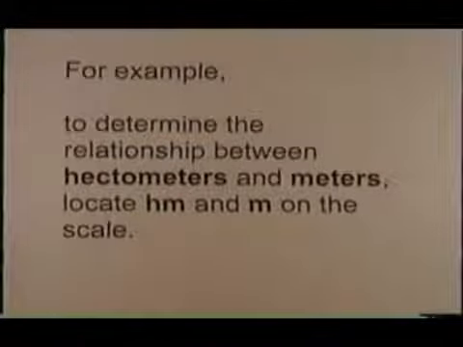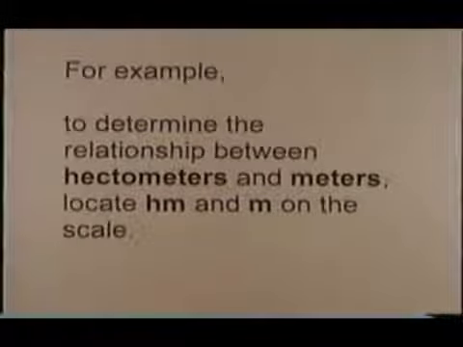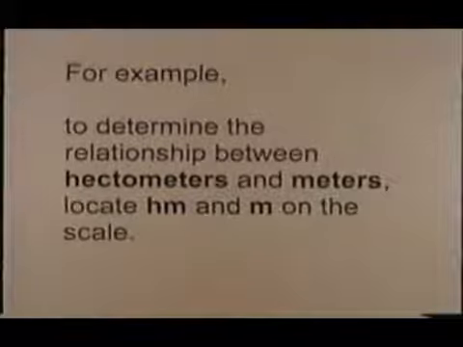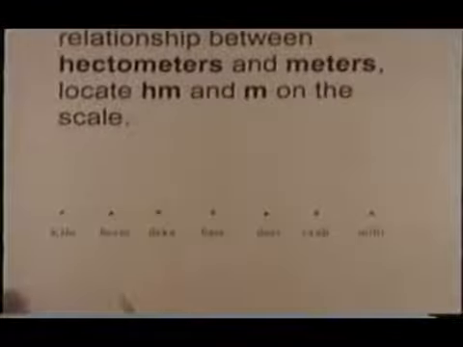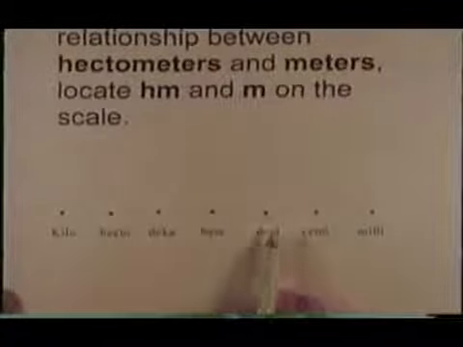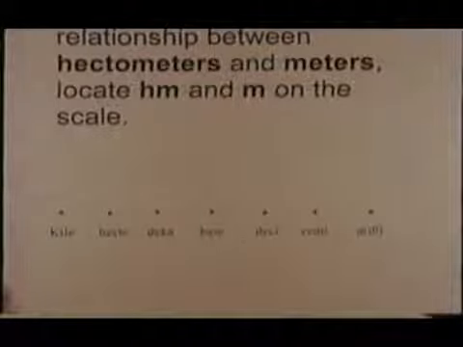Okay, for example, let's say we need to know the conversion between hectometers and meters. We begin by locating hectometers and meters on the scale, as I just demonstrated before. So King Hector danced before drinking chocolate milk. Say that and then list out all the prefixes on your scale.